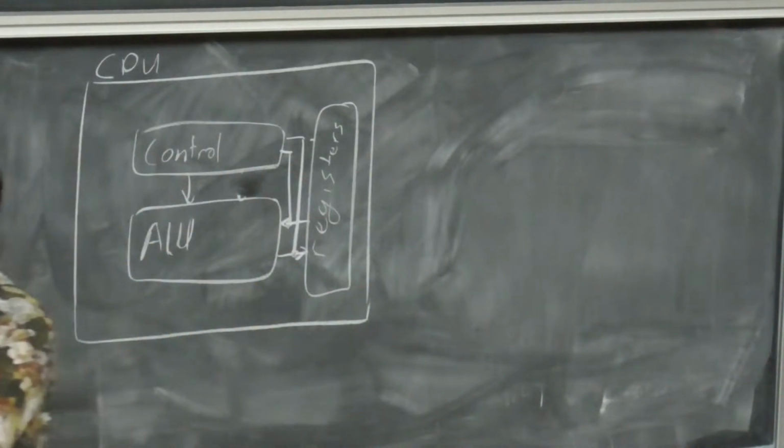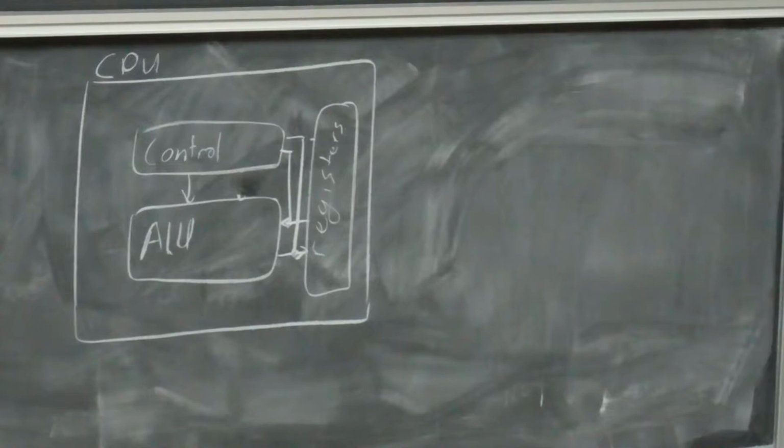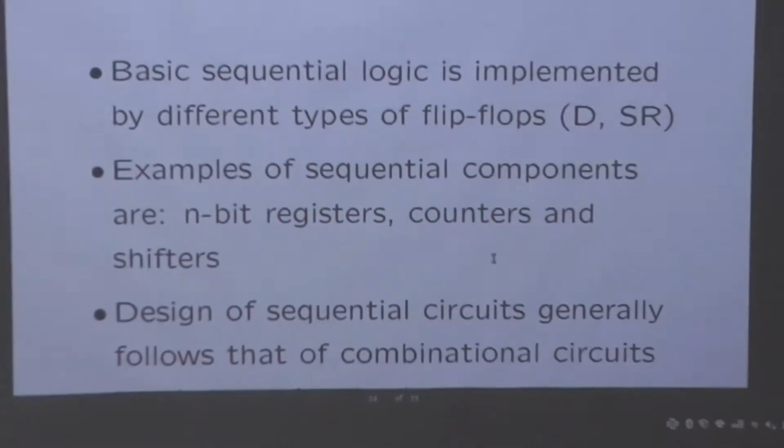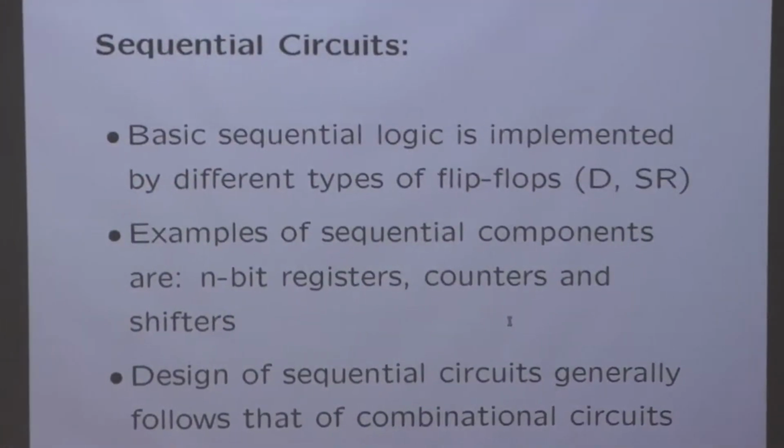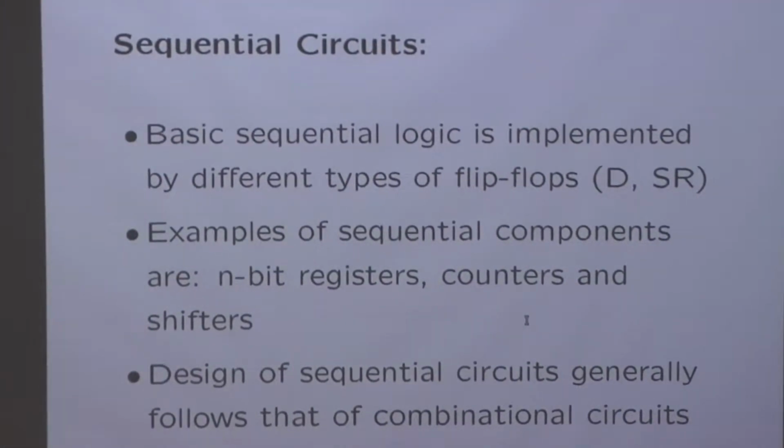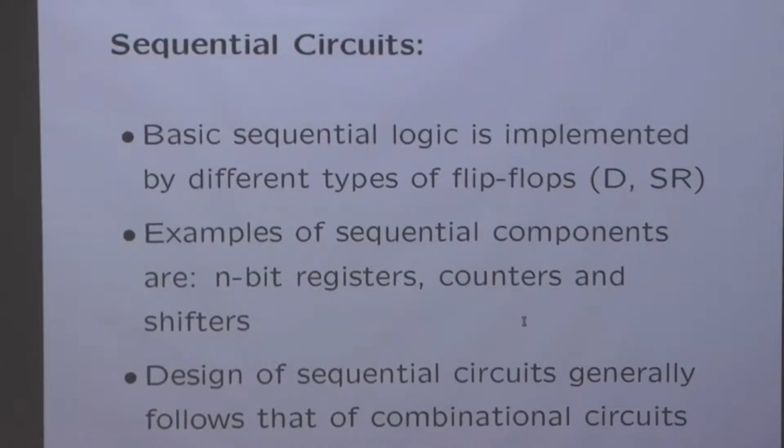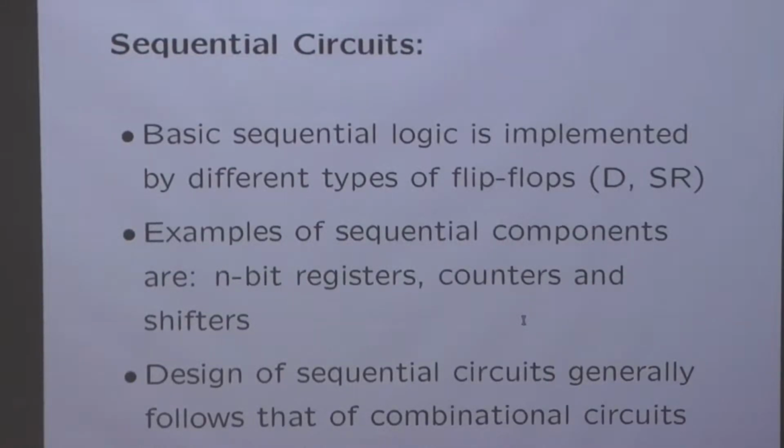When you start introducing state, things can get very complicated very quickly, right? So the way that we design these sorts of things, we keep all of our state in one place, and we have the combinational circuit on top of that, receiving inputs and then interacting with the state elements.